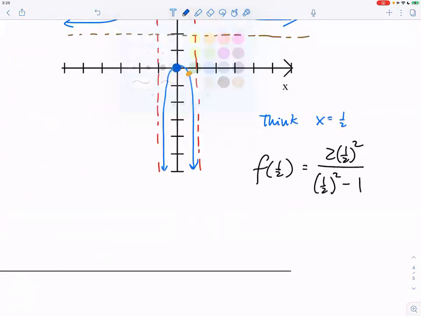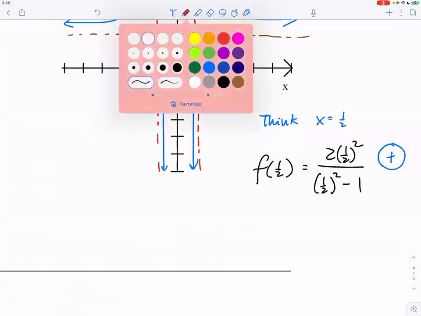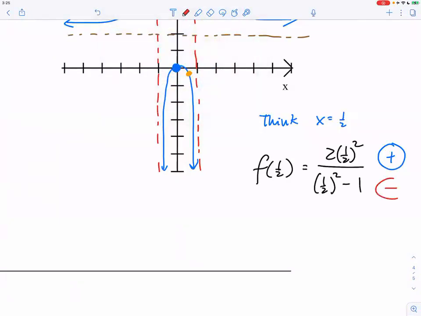So the numerator is going to be positive. Well, what is 1/2 squared? It's a quarter. And a quarter minus 1 is negative. So that points you in the right direction.